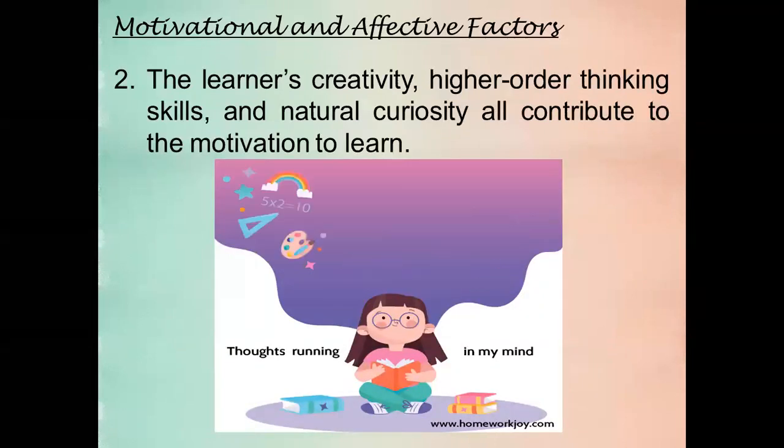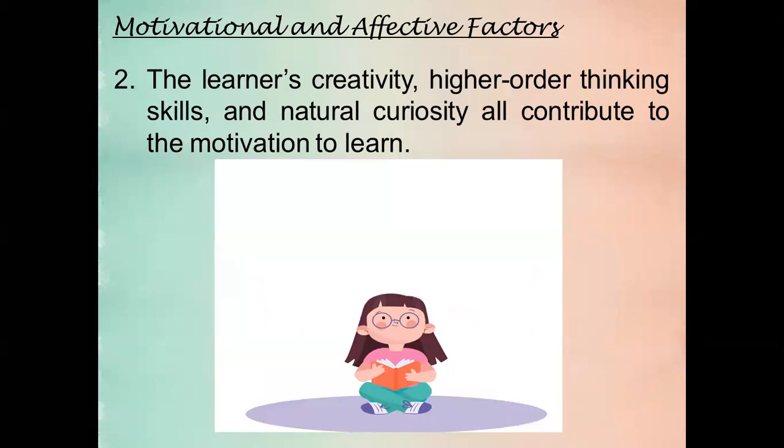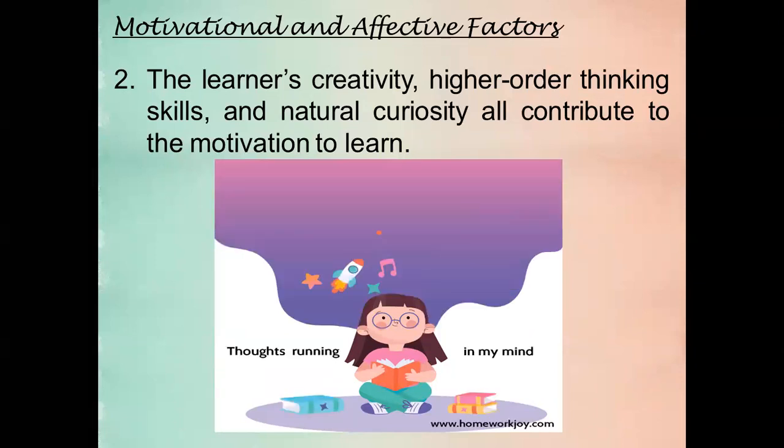There are two kinds of motivation, the intrinsic and the extrinsic motivation. So yung intrinsic motivation is manifested when an individual engages in an activity or task that is personally gratifying. It is personally rewarding and there is no expectations for any external and tangible reward.